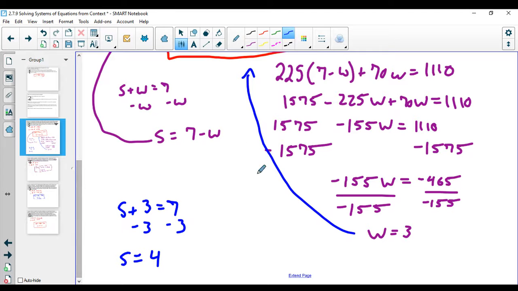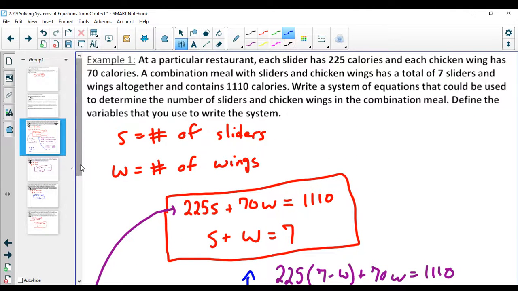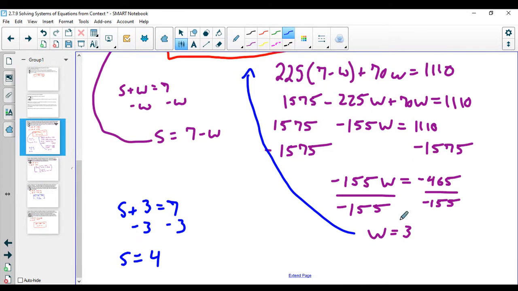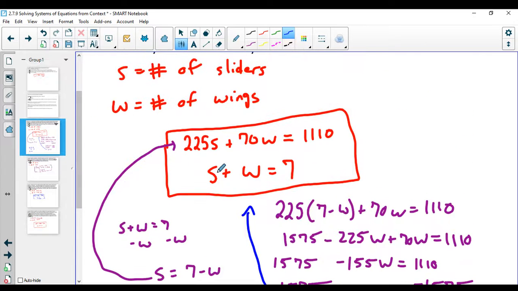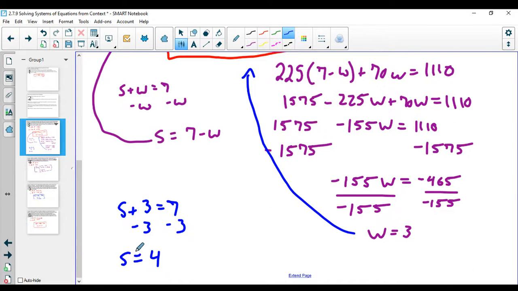And so we don't really have an ordered pair this time, but what we're saying is that the number of sliders we had in this combination was 4, and the number of wings we had in this combination was 3. And you really don't even have to plug it back in if you understand the question, right? If there were 7 sliders and wings altogether and we had 3 wings, kind of just makes sense that we'd have 4 sliders left, which is what this equation is giving us over here.